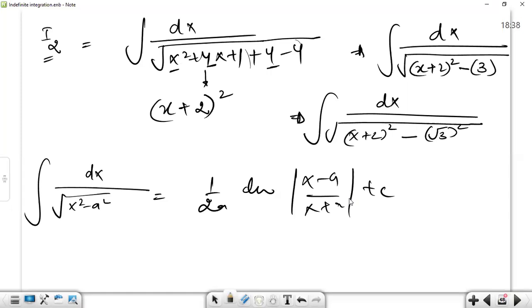Till yet what we have solved, is this clear to you? Yes, sir. So what is a here? a is root of 3.